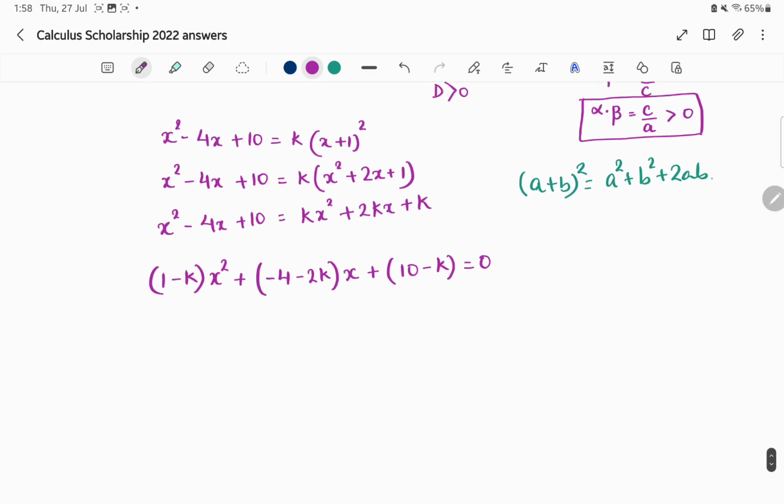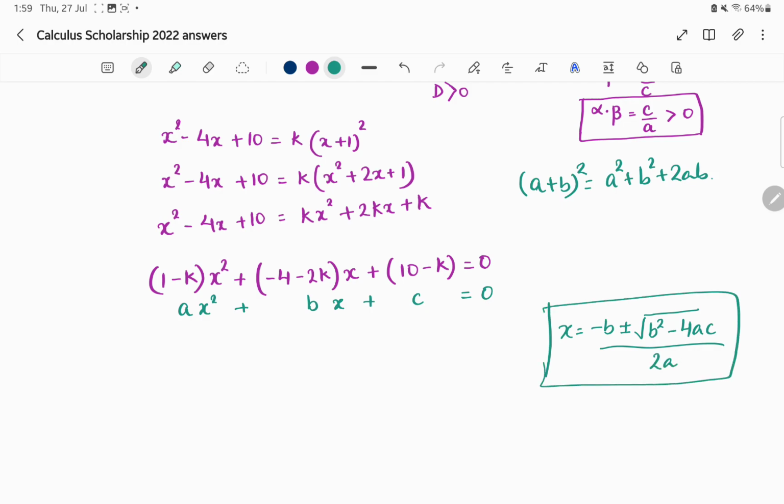Now I have converted the whole equation into another quadratic, ax squared plus bx plus c equals 0. We know that our quadratic formula is minus b plus minus square root of b squared minus 4ac over 2a. So we're going to use this formula now.